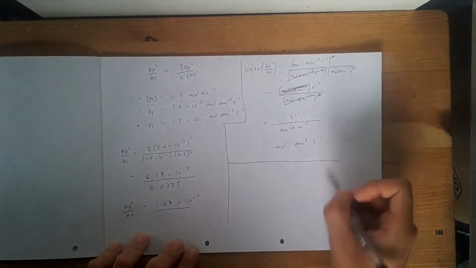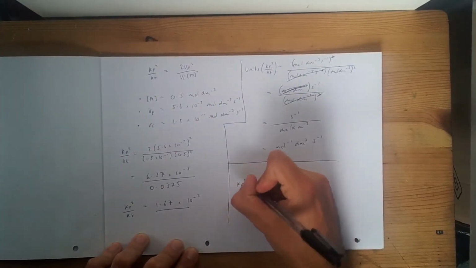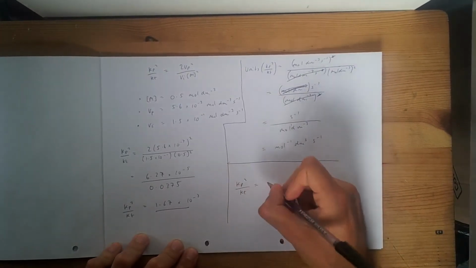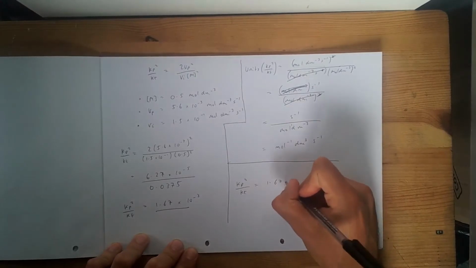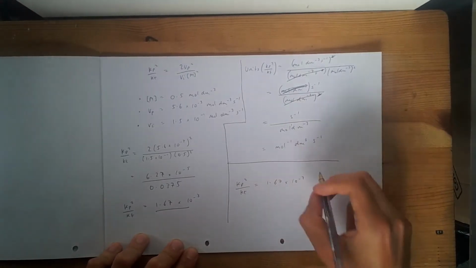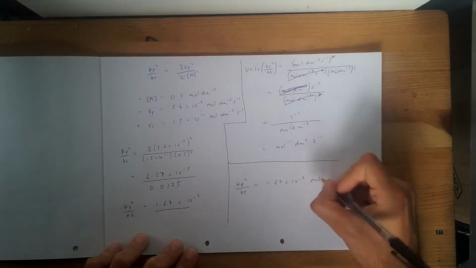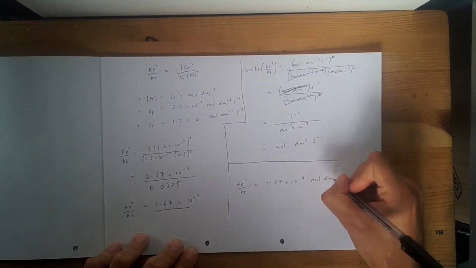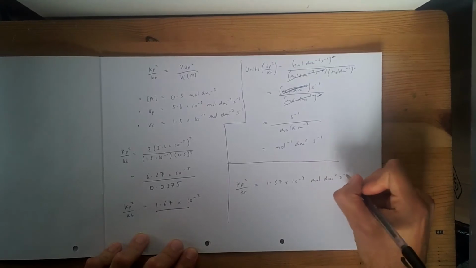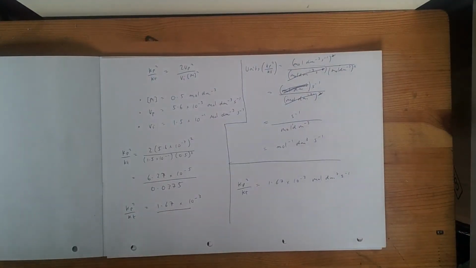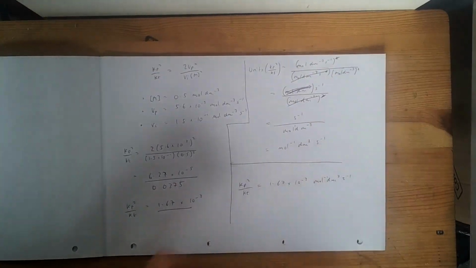This gives our final answer of Kp squared over Kt to be 1.67 times 10 to the minus 3 moles to the minus 1 decimeter cubed per second. Sorry, I left that minus 1 out there, and that's your final answer.